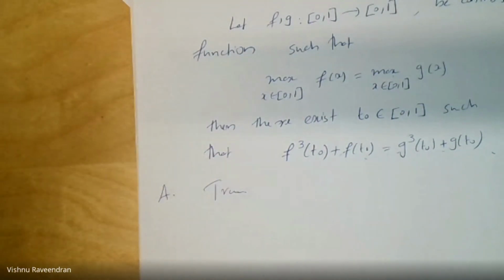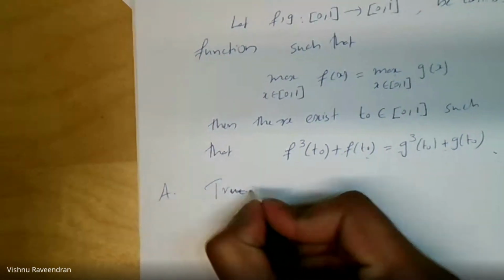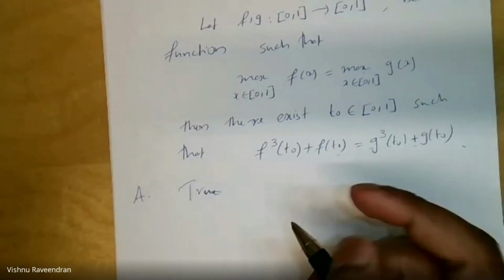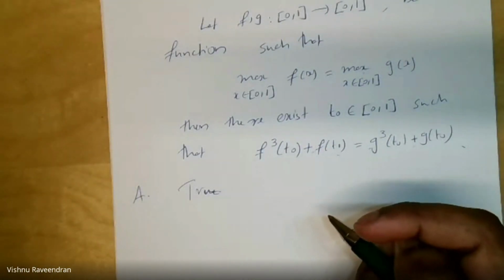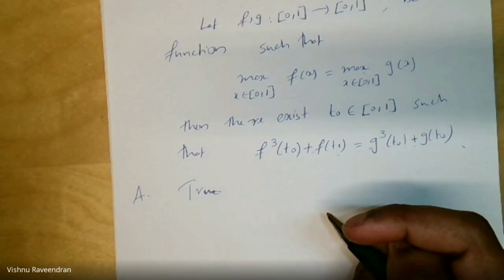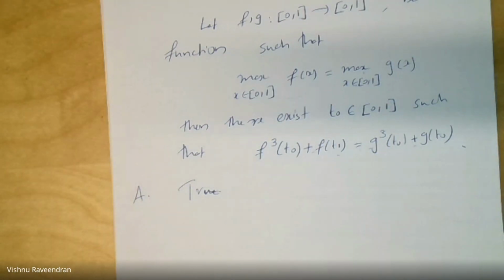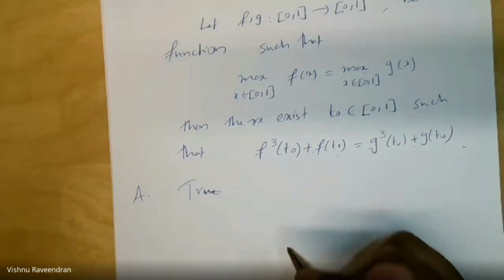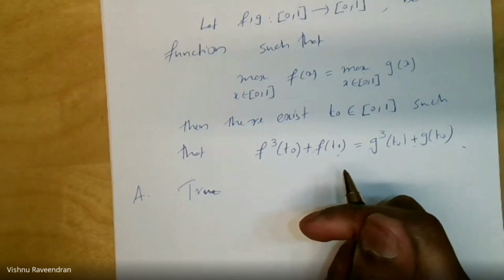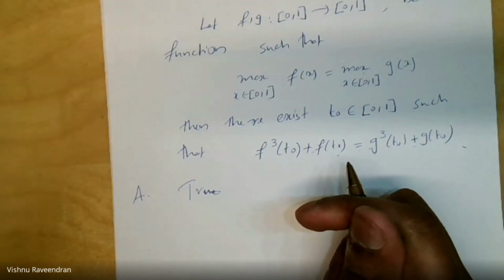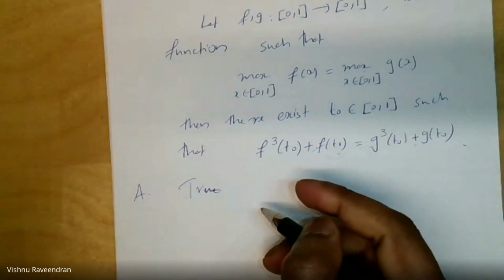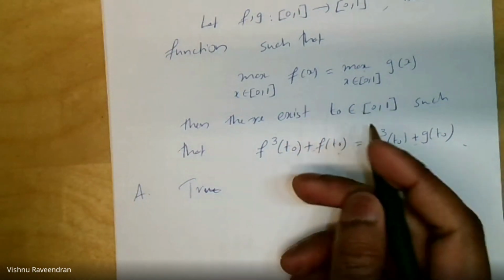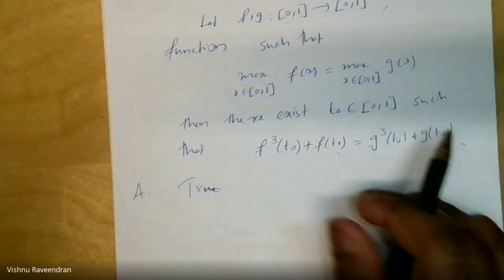So how do you do this? This is also a similar type of problem to the last problem we did. So can anybody say what we can do to prove this thing?